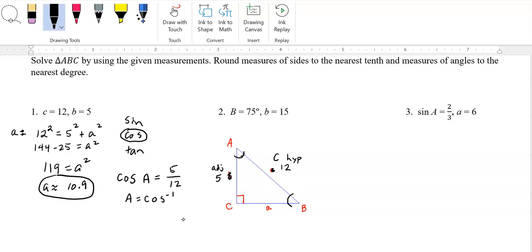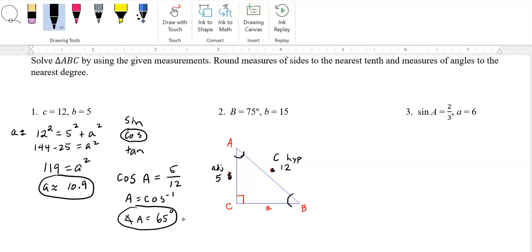And rounded, again, our directions tell us to round measures of angles to the nearest degree. So angle A to the nearest degree is going to be 65 degrees. And now for the other angle, I'm fine with you just using the principle that all three angles of a triangle add up to 180 degrees.